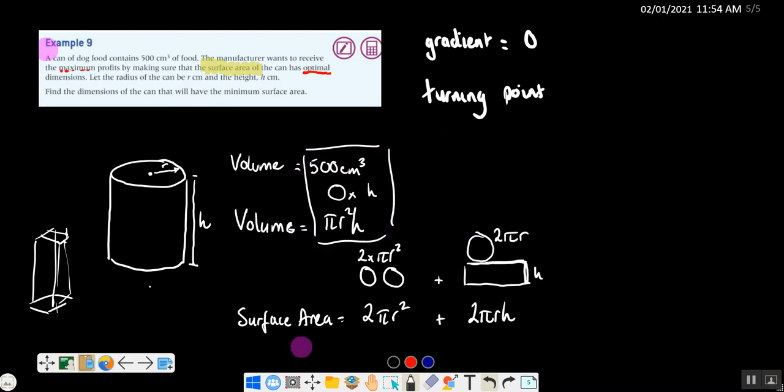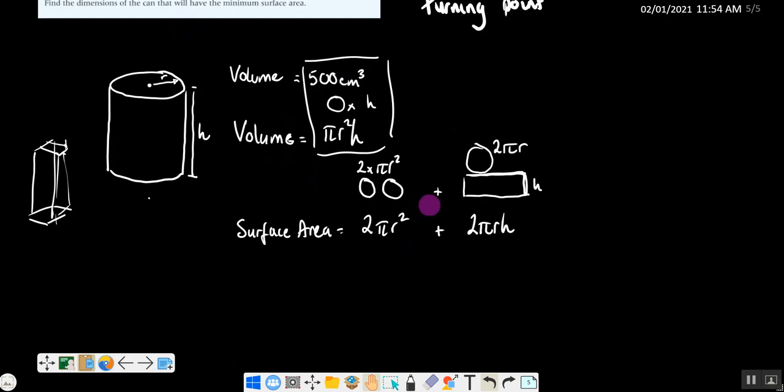Would you be okay if I wrote pi r squared h equals 500? Because that's the formula for volume. This is the volume.